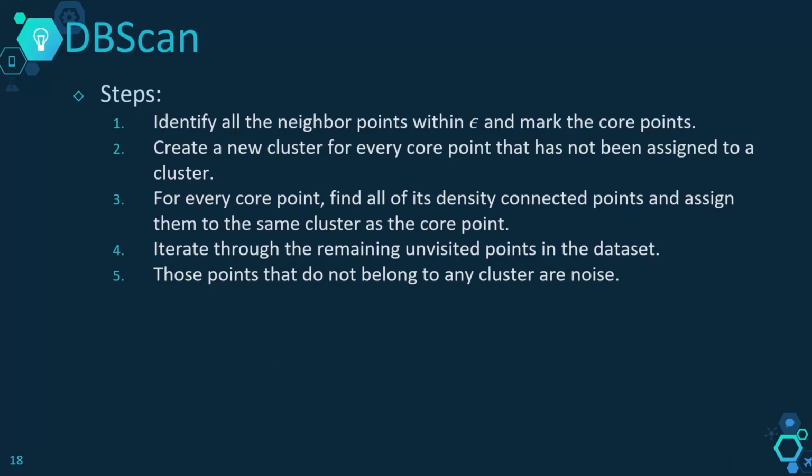Based on this, we use these steps to do DBSCAN. First, we identify all the neighbor points within epsilon and mark the core points. Next, we create a cluster for every core point that has not yet been assigned to a cluster. If you do this, you will find that some points are clustered together. You have core points, and you have border points on the side.